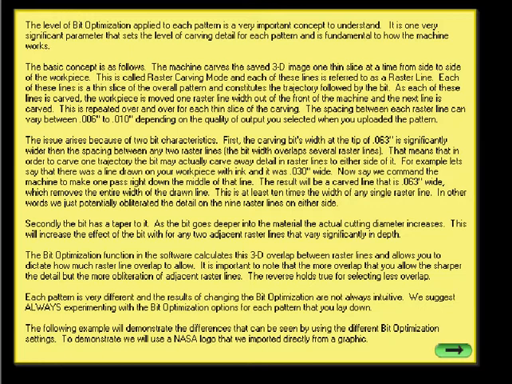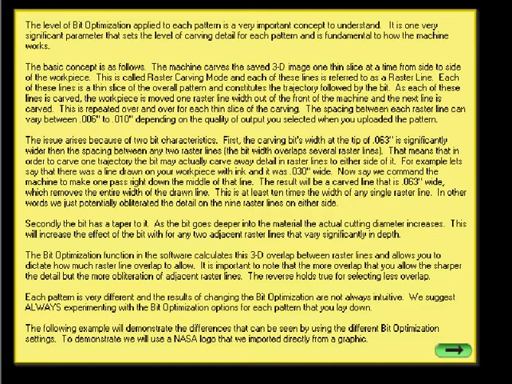The bit optimization function of the software calculates this 3D overlap between raster lines and allows you to dictate how much raster line overlap to allow. It is important to note that the more overlap that you allow, the sharper the detail, but the more obliteration of adjacent raster lines. The reverse holds true for selecting less overlap.